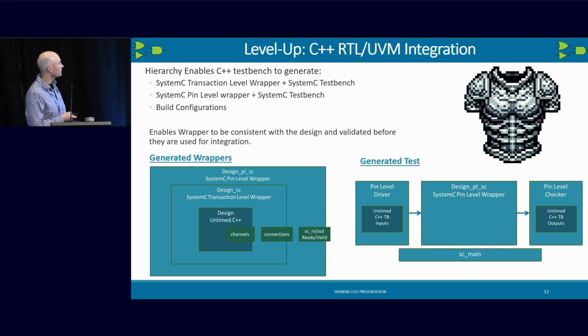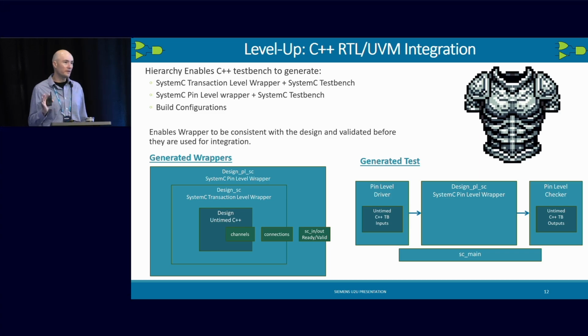So we'll take the original C++ test bench that you did and replay those inputs to the pin level design, and then check the outputs against those from the Untimed C test bench to validate that this pin level SystemC wrapper works. And that same process is also done for the transaction level wrapper as well.